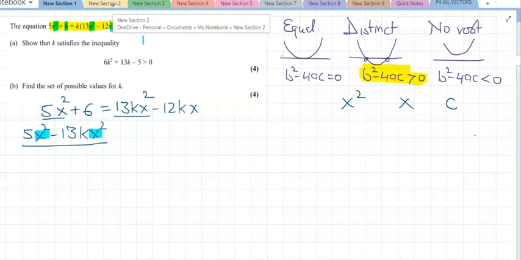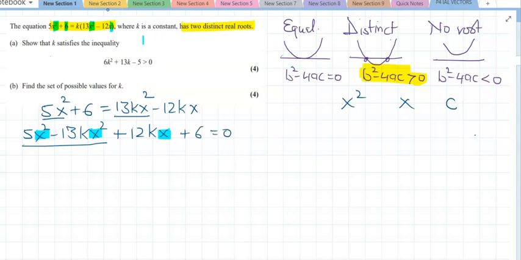Now next is minus 12kx, it has come this side, so plus 12kx. This term is having x in it, and then we have plus 6, that is a constant. If I take x square common, I am having 5 minus 13k, and this is 12kx as it is, and this is plus 6.